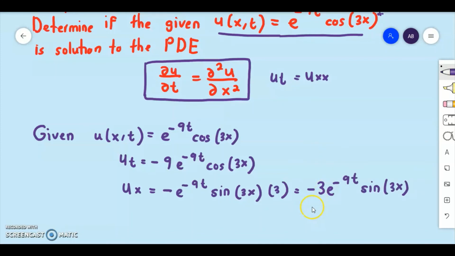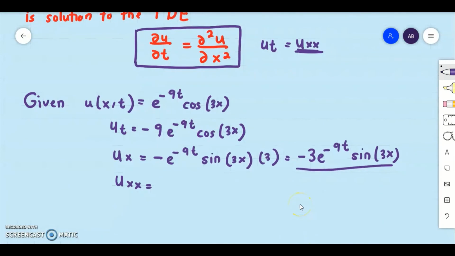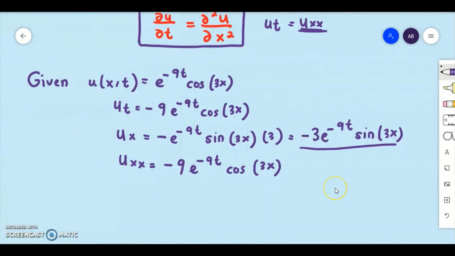And then the equation is given as ut equals uxx, so I have to differentiate a second time. Differentiating the second time, 3 and 3 will give me minus 9 e to the negative 9t, and differentiating sine will give me cos 3x. So look at this equation.